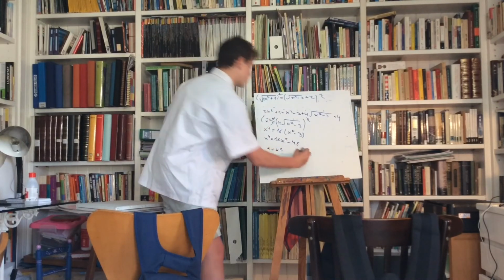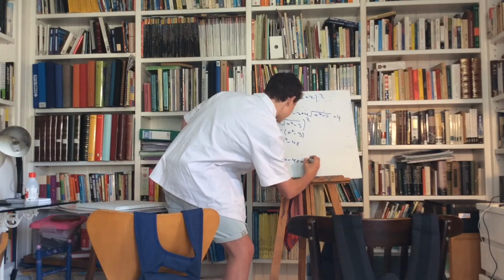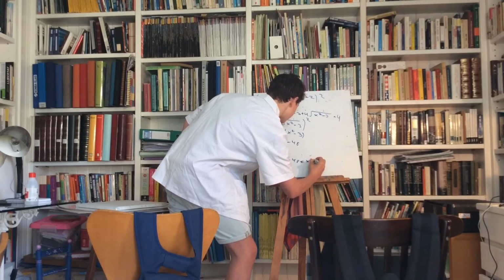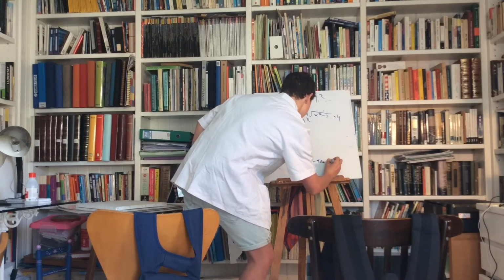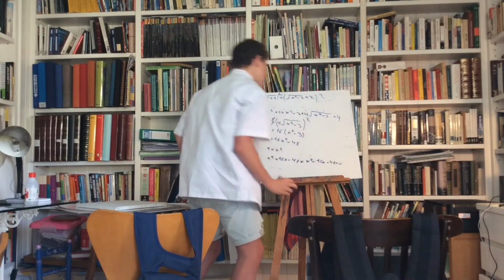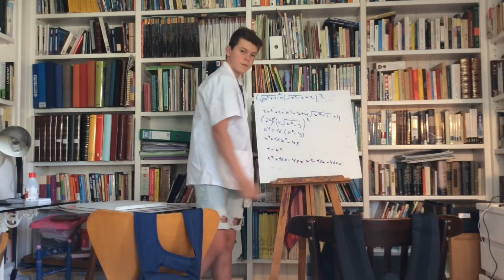We pass these to the other side, and that gives us t squared minus 16t plus 48 equals 0. And now we have a second degree equation.